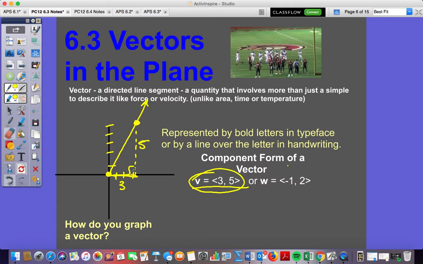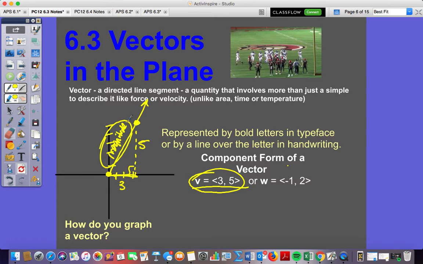Can someone tell me how I find the direction angle? How do I find the direction where it's headed? Well, this right here is magnitude, right? It's either the force that I push with, the speed, or the distance.